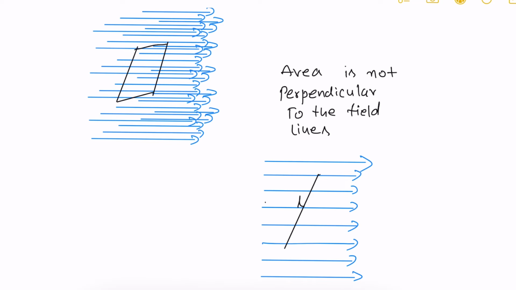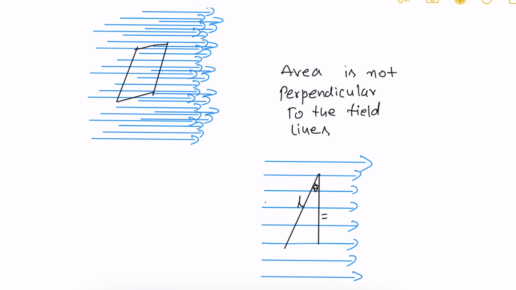Now the length of the line is L. Now I want to project this length perpendicular to the field lines, then we get it like this one. It is rotated by some angle theta. What is this length now?